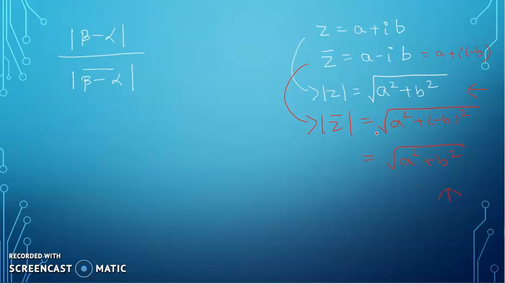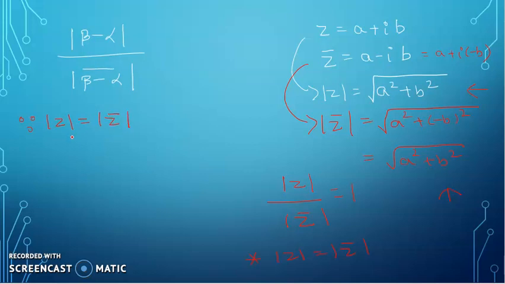It is the same. This means if I take the modulus of z and divide by the modulus of the conjugate of z, this is equal to 1, which means the modulus of z is equal to the modulus of the conjugate of z.